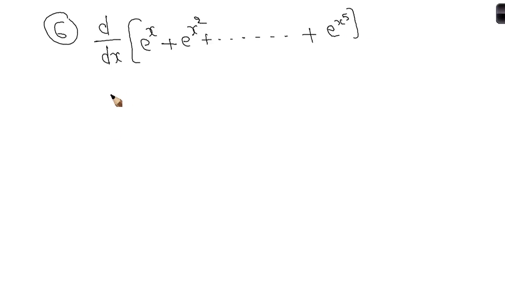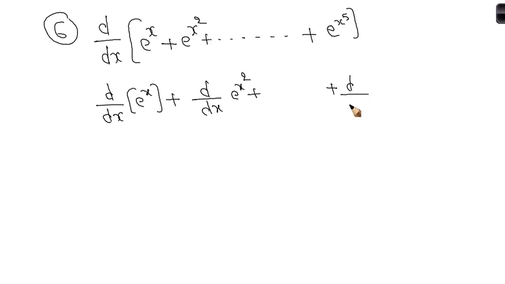This would become the derivative of e^x plus the derivative of e^(x^2) plus so on plus the derivative of e^(x^5).